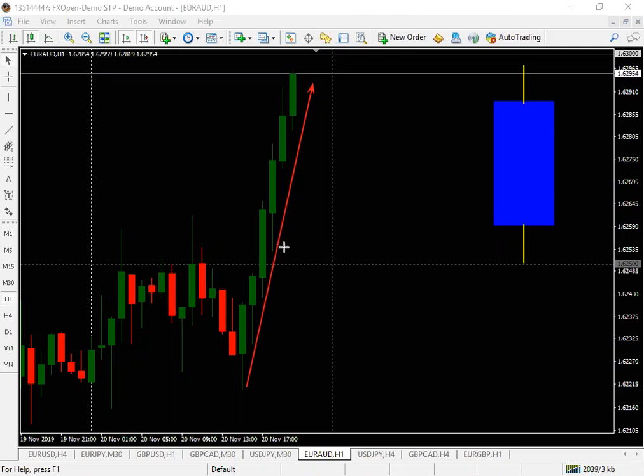Now, what you have to understand is that within the trading sphere, within markets, there are a lot of different participants entering and quote unquote playing in the markets.